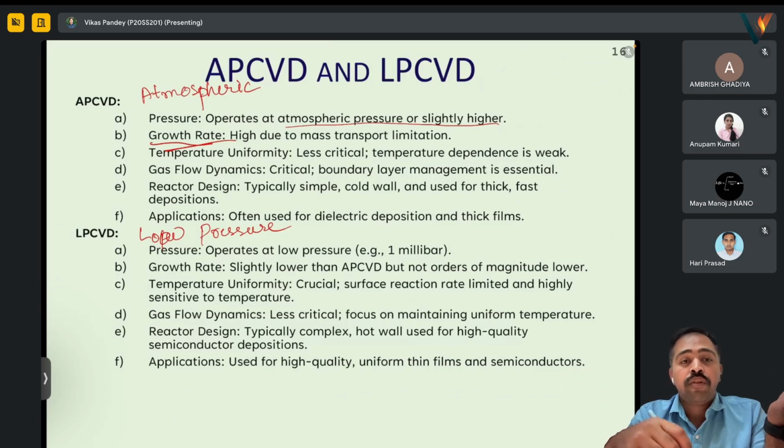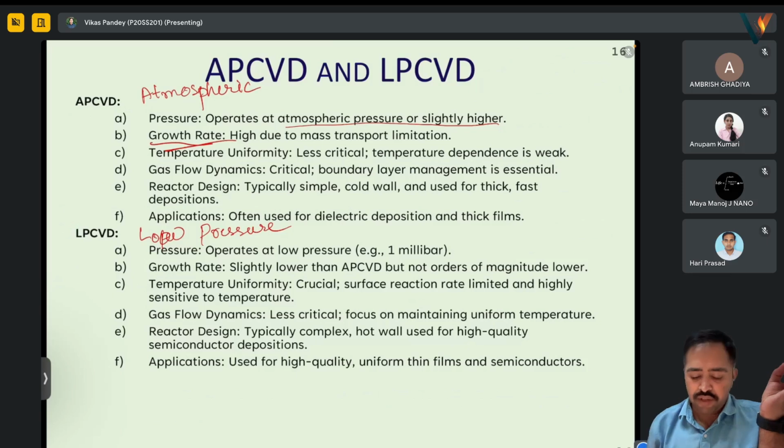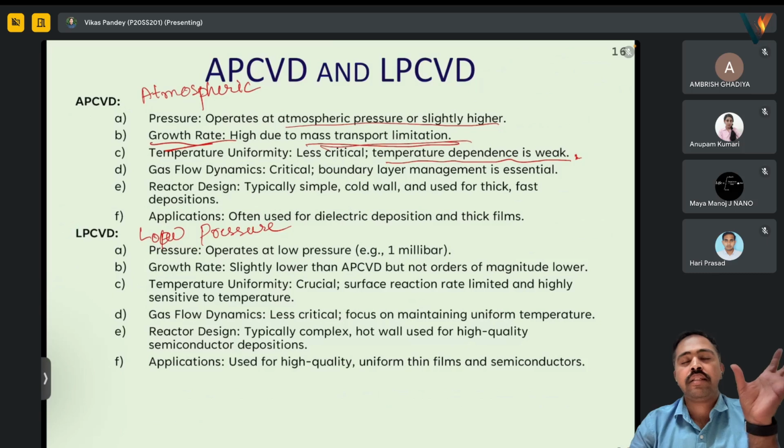When we are talking about temperature uniformity, it is not critical since we are talking about a mass transport limited reaction. The temperature uniformity dependence is weak. So, as I said, in case of this only hitting the wafer, the temperature variation can be there on the wafer somewhat, but that is not the limiting factor for the growth.